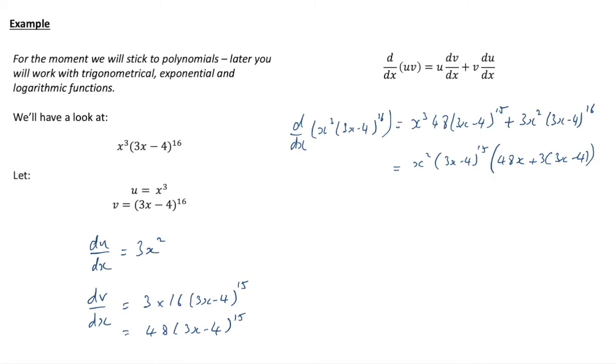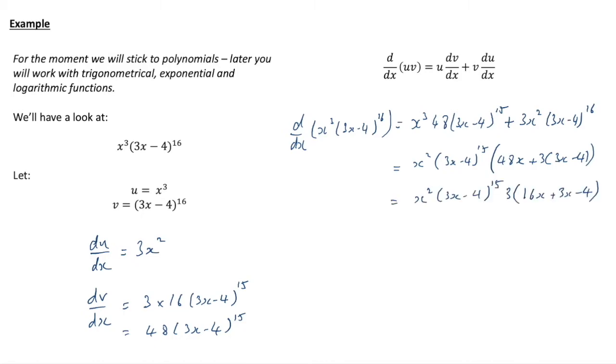The second term from our top line still has a factor of 3, and a factor of 3x minus 4, because we've only got (3x minus 4) to the 15 outside the second bracket, and our term had (3x minus 4) to the 16.